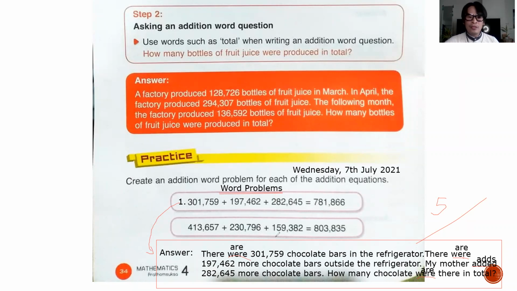But if you choose the present tense, you use "are" and "adds". Aside from chocolate bars, you can change them to flowers, anything that you want: bottles of fruit juice, toys, what else? Burgers, hamburgers.